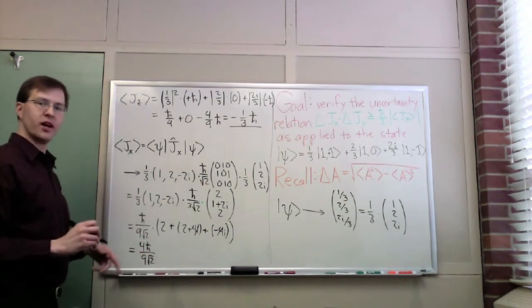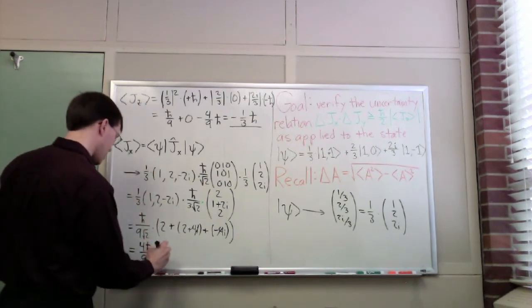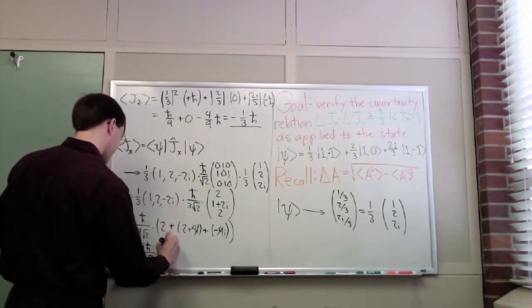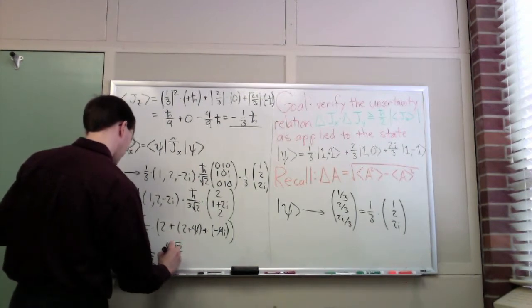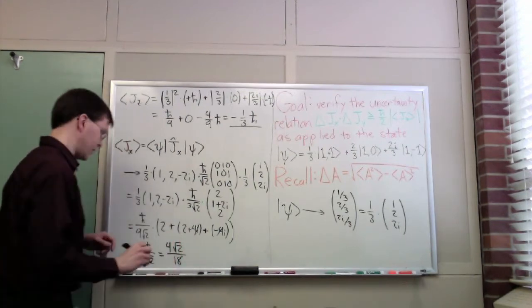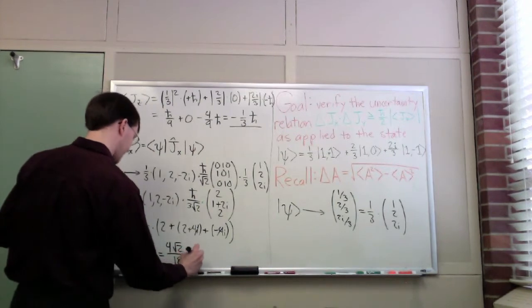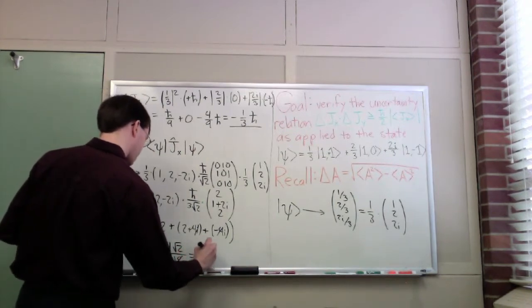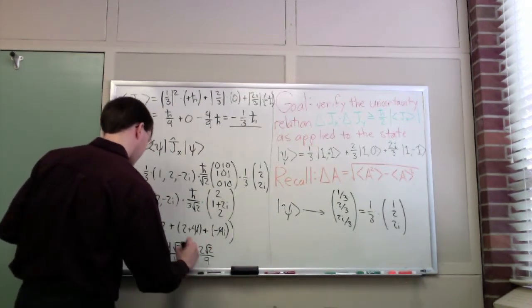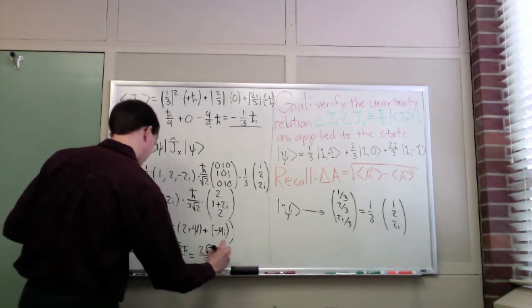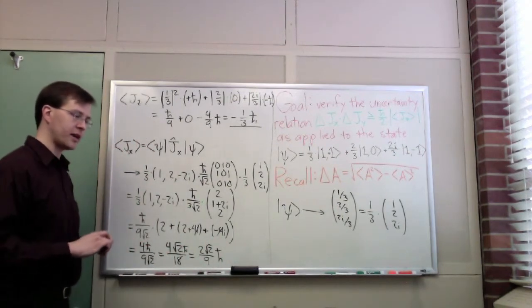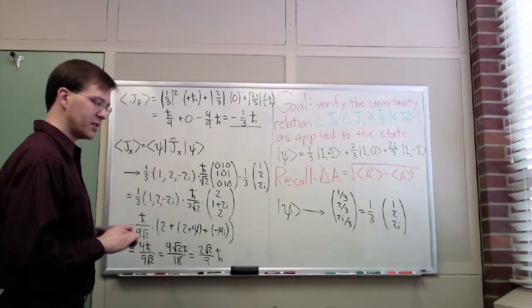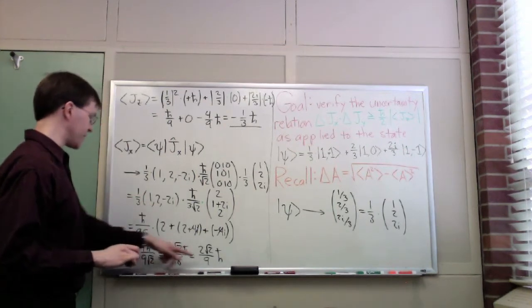Or if we want to rationalize the denominator, which is sometimes nice, we could write this as 4 square root of 2 over 18. Hey, I could simplify that, couldn't I? Yes, 2 square root of 2 over 9, all times h bar. 2 square root of 2 over 9 times h bar is my Jx expectation value.